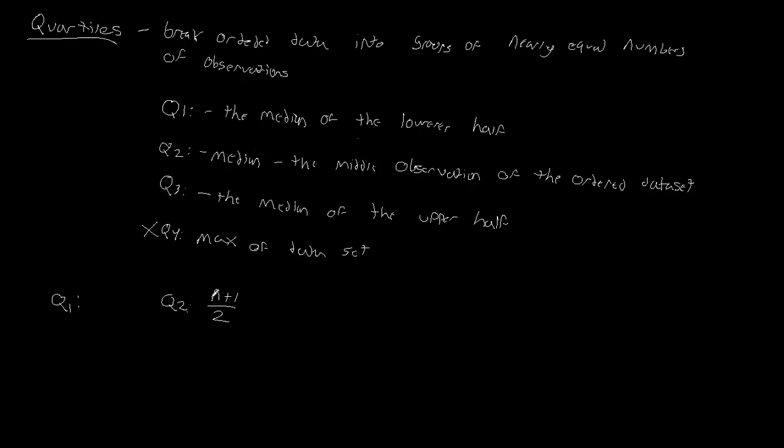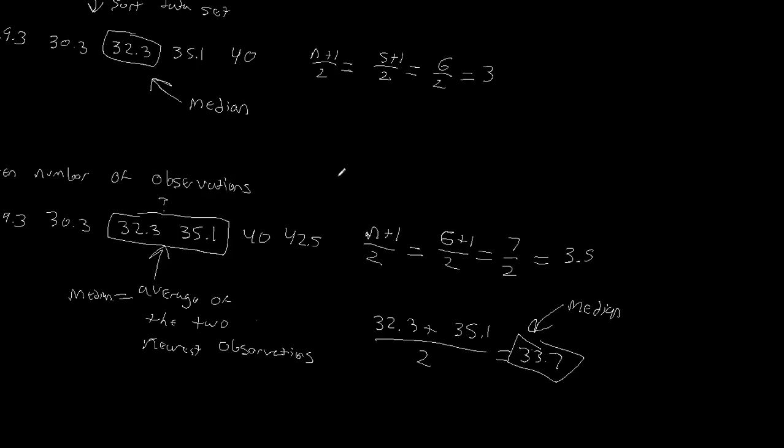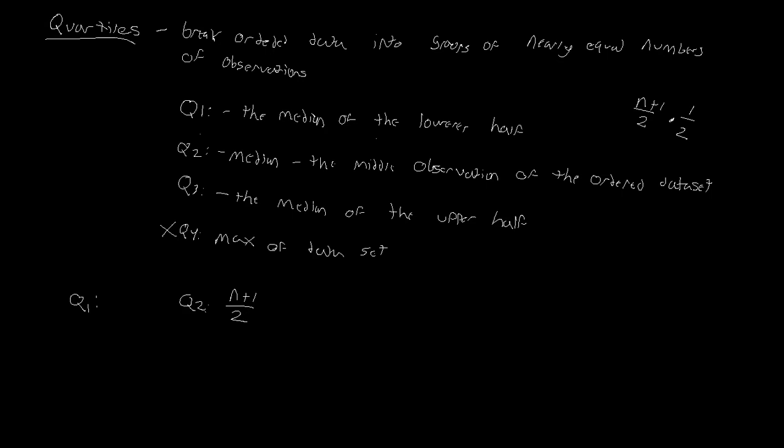If the median is (n+1)/2, the median of the lower half would be (n+1)/2 times 1/2, because that is the observation number of the first quartile.